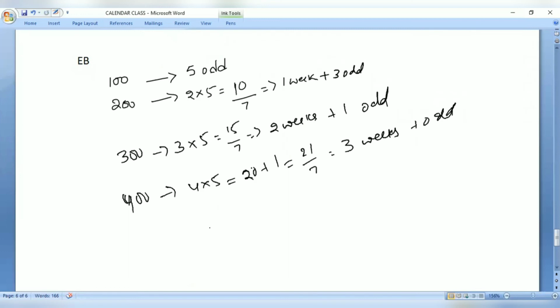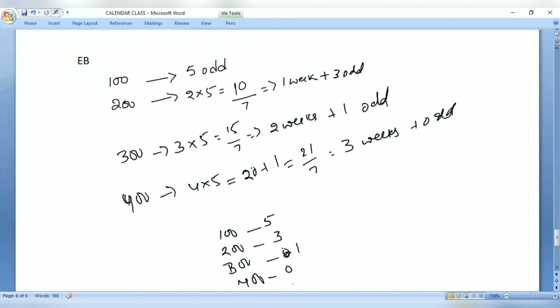Okay. Now, for example, imagine there is a question like this: what day can the last day of a century not be? In such cases, with the logic that we have, for every 100 years, 5 odd days. For every 200 years, we have 3 odd days. For every 300 years, we have 1 odd day.